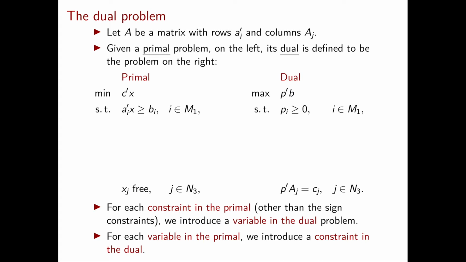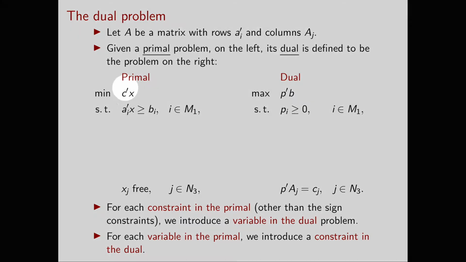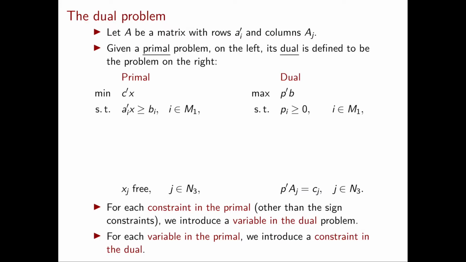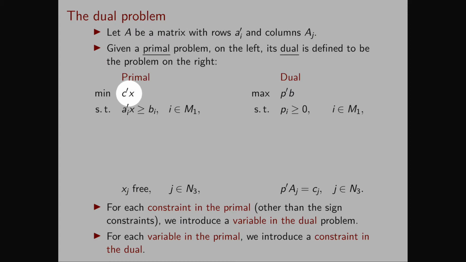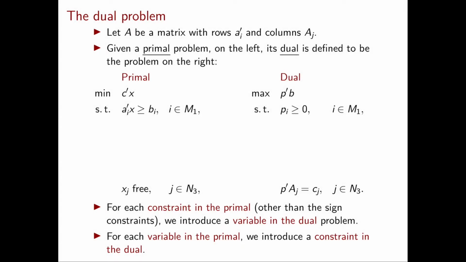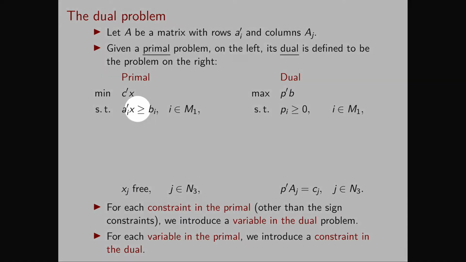And we can also have any variable either free or non-negative or non-positive. If you look now at the primal, I have only written my objective function, min c transposed x, subject to a bunch of inequality constraints of the form greater than or equal to, and these are denoted by a_i transposed x greater than or equal to b_i for i in an index set M1.